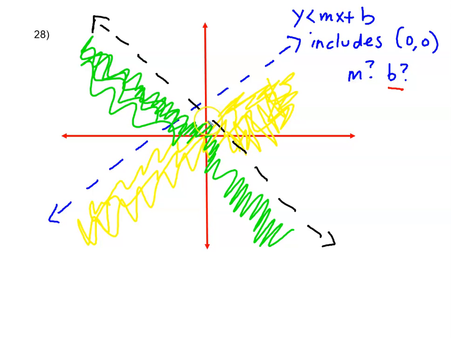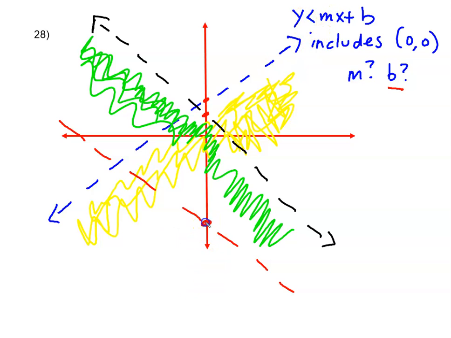What has to be true about the y-intercept for this particular inequality if we're going to have the origin as part of the solution? Well, we can't obviously come down here and do a line, because if we include the origin, less than is going to be below the line.